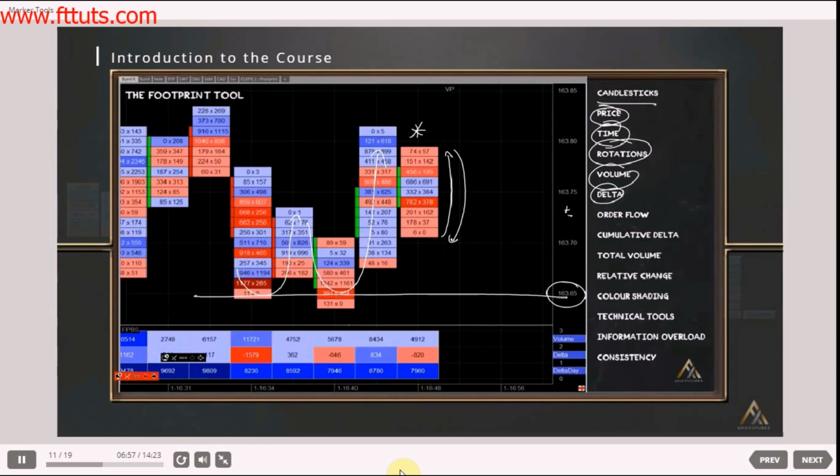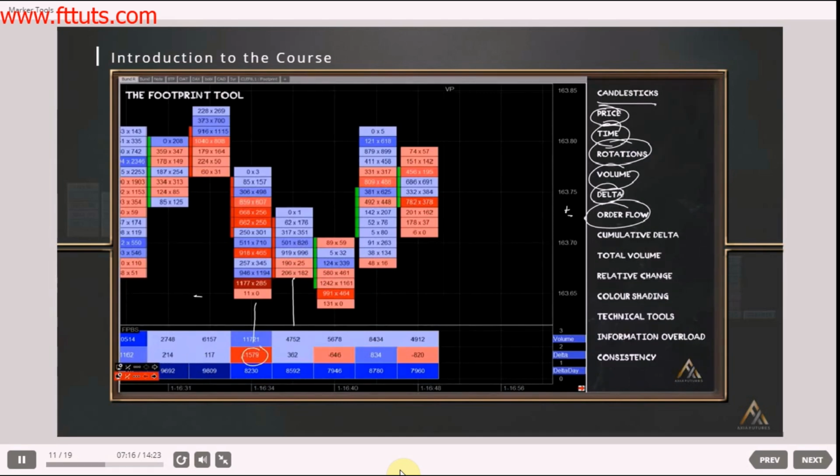Now again, order flow we will spend a lot of time talking about as we begin to develop strategies in units 6 to 15. Now, as mentioned, the cumulative delta is simply what's happening over all the rotations put together in a chosen time frame. So what we mean by that is that each rotation is giving us a delta.